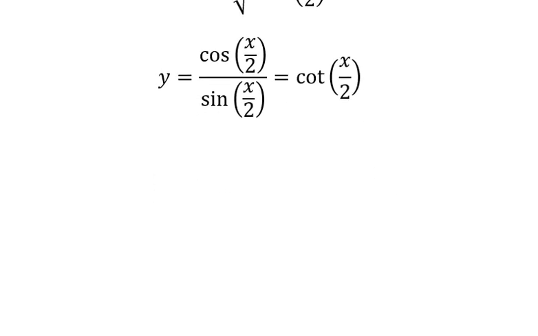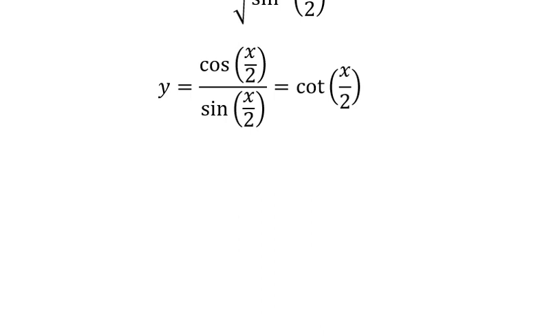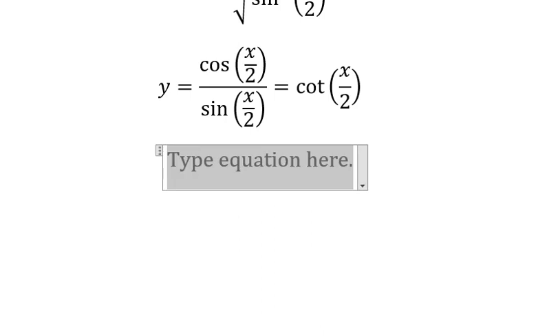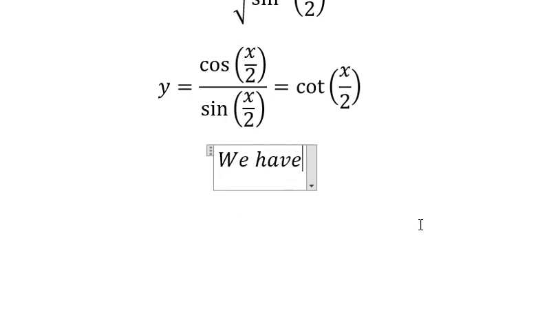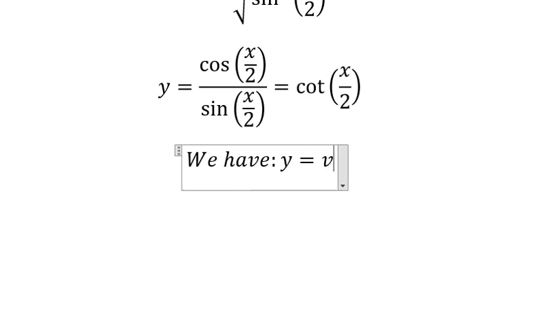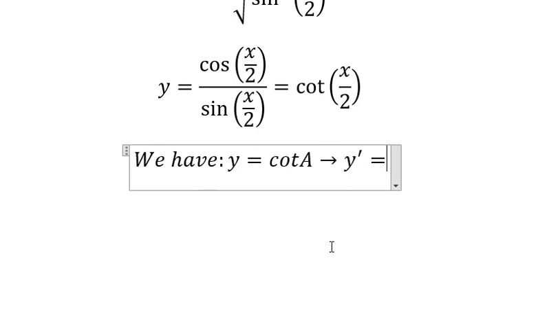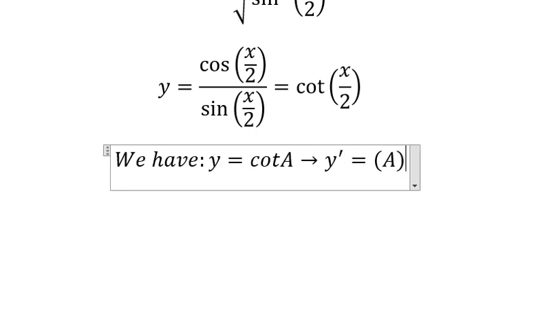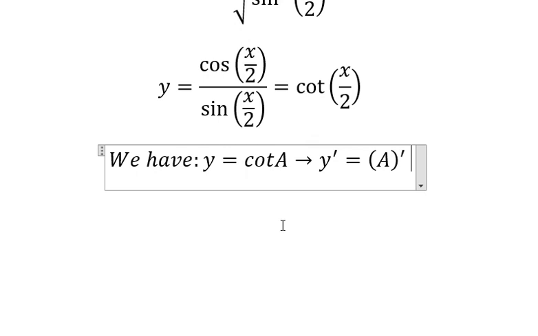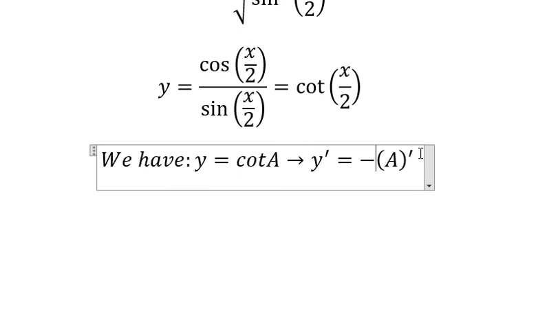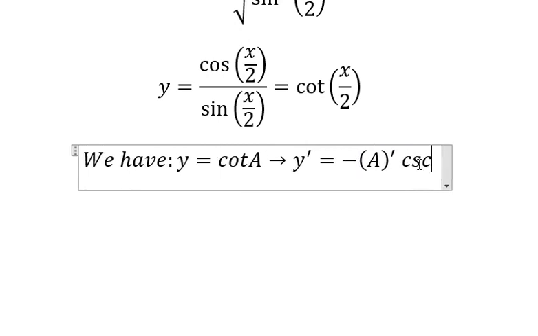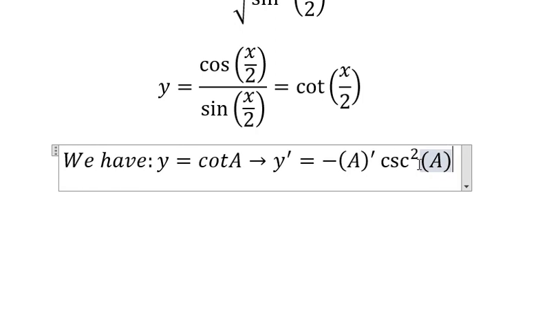Now we have the formula in here. So if we do the first derivative of this one, we need to do the first derivative of a, and cosine a we change to negative cosecant squared a.